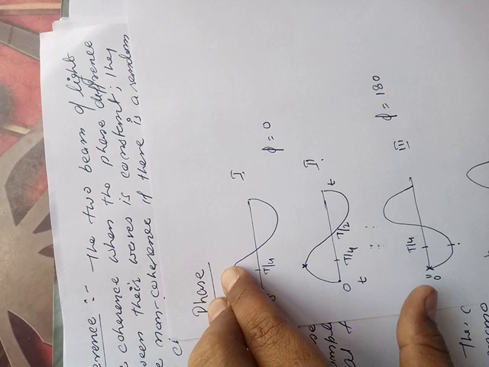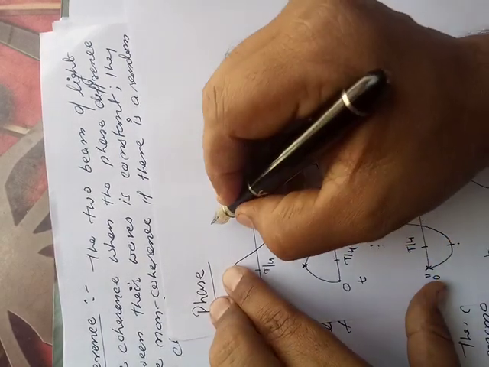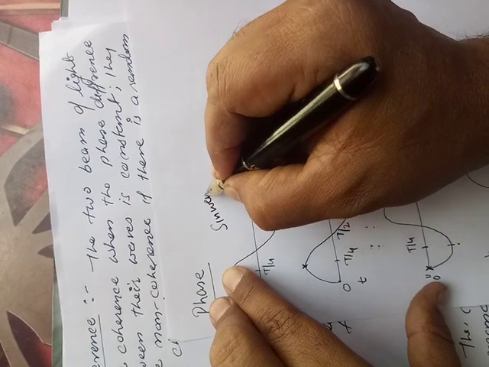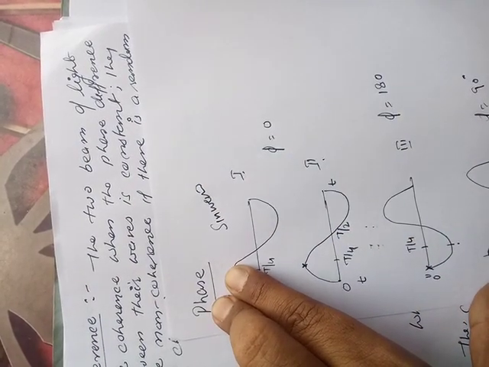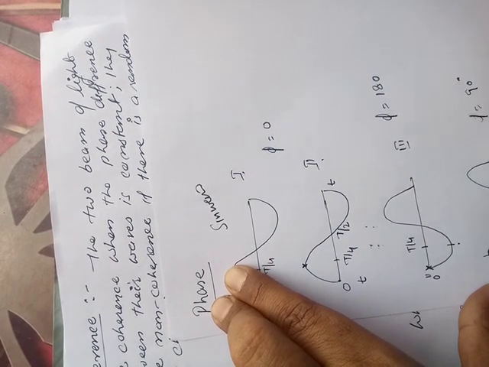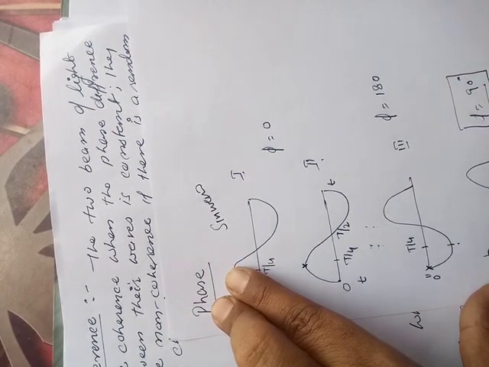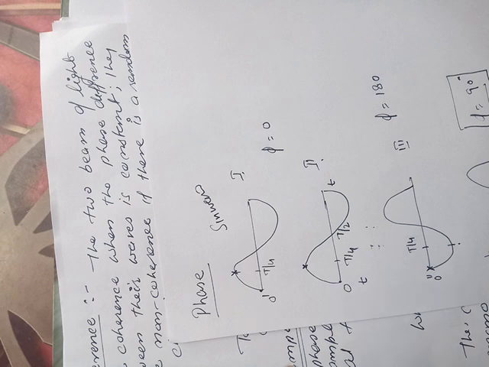So the phase difference between the first and the fourth is equal to 90 degrees. The first wave is known as a sine wave and the fourth wave is known as a cos wave. We know that sine and cos waves differ by a phase difference of 90 degrees. So phase tells us the location of a particle at a particular instant of time.